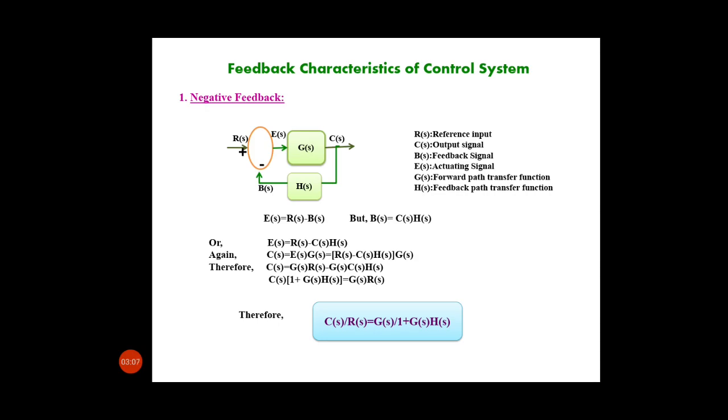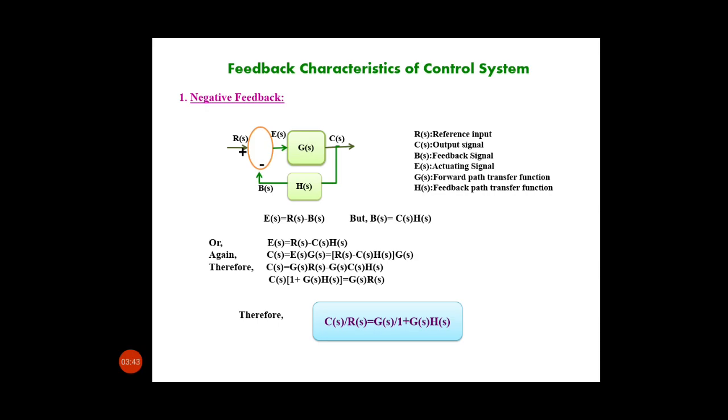R(s) is the reference input, C(s) is the output signal, B(s) is the feedback signal, E(s) is the actuating signal or error signal, G(s) is the forward path transfer function, and H(s) is the feedback path transfer function.